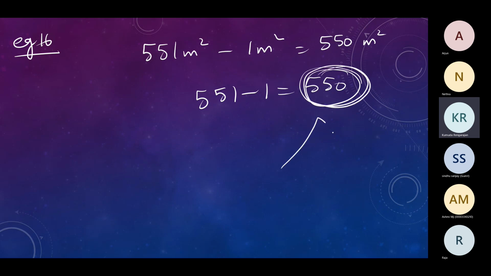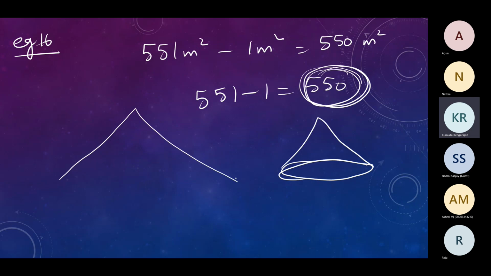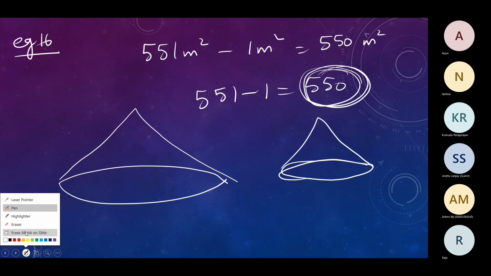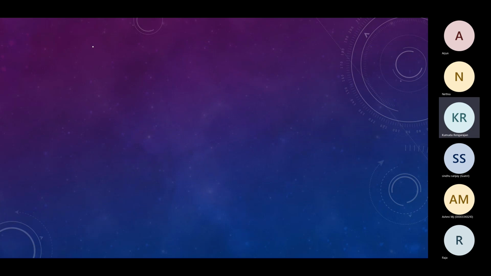And in the tent, where is the cloth used? To make the CSA. The canvas is not used on the floor. While putting up a tent, they'll only put up the CSA of the tent with the canvas. The floor, maybe you can spread a mat or a carpet later, but the canvas is not cut in a circular form and spread like this.